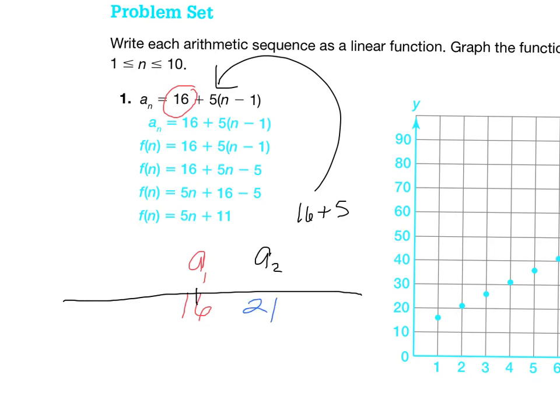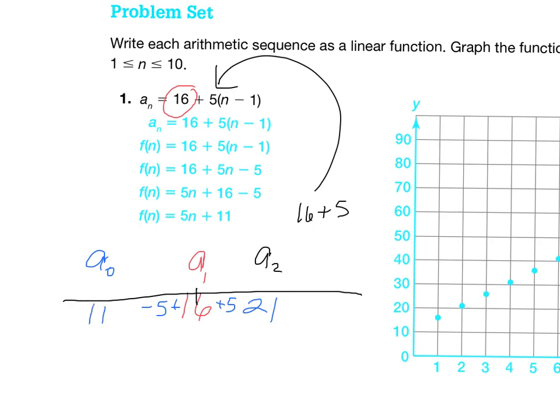But we're not really interested in the second term. We actually want the term before the first term, which would be a sub 0. So this one we added 5 to the 16. If you want to go backwards, you have to subtract 5 from the 16, and that'll give us 11.